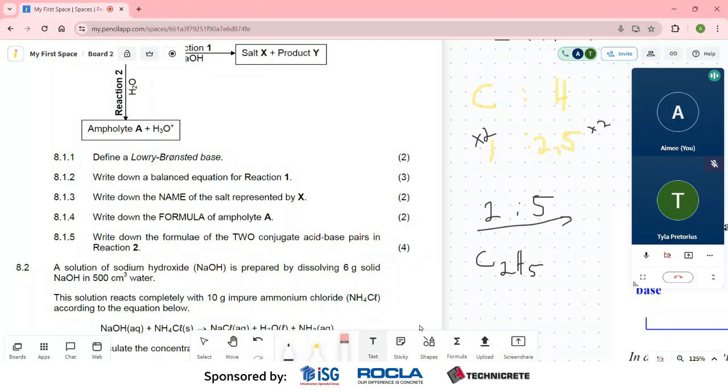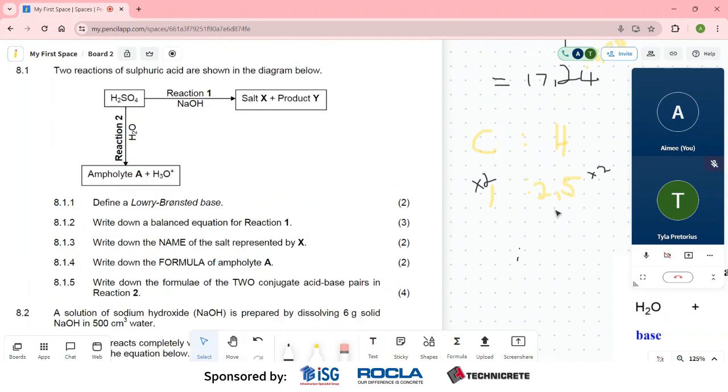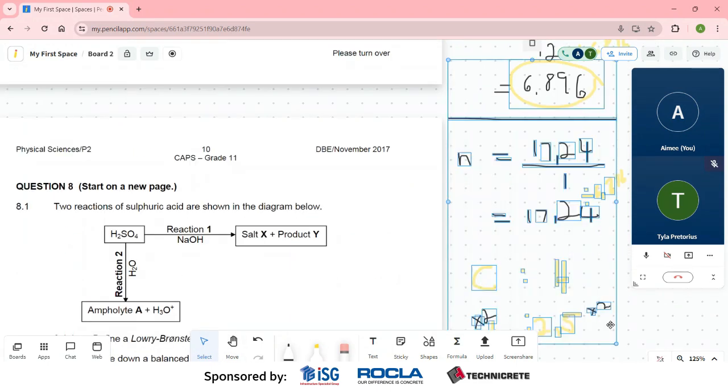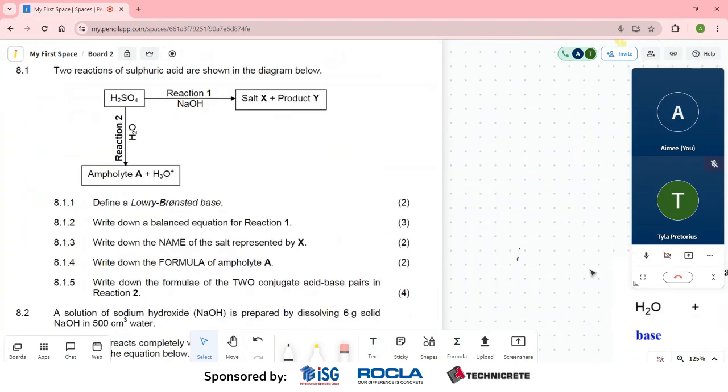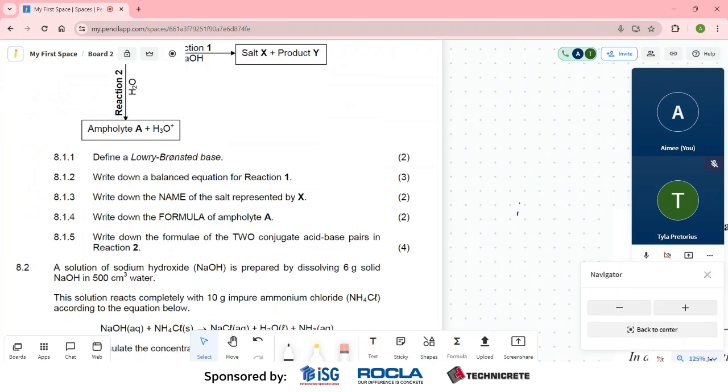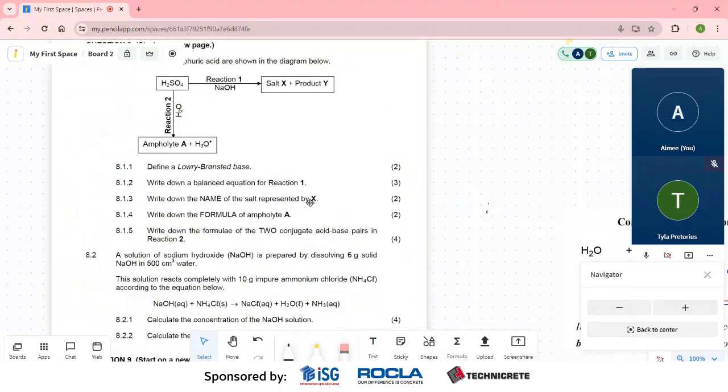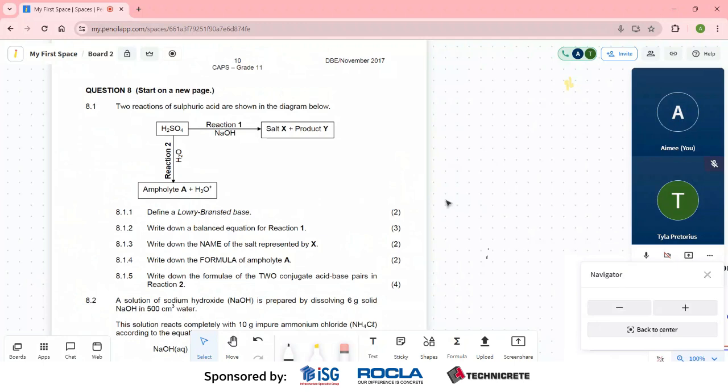Okay, that's great, because that means we can now move on to question 8. Two reactions of sulfuric acid are shown in the diagram below.